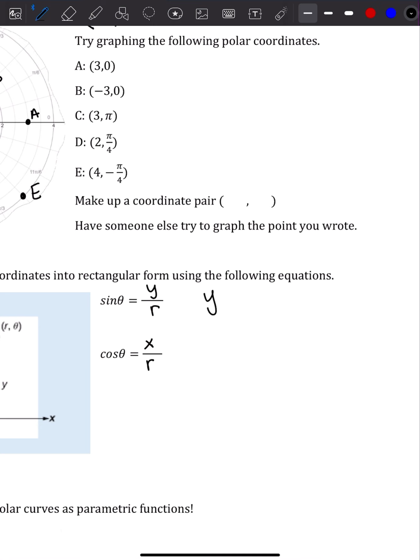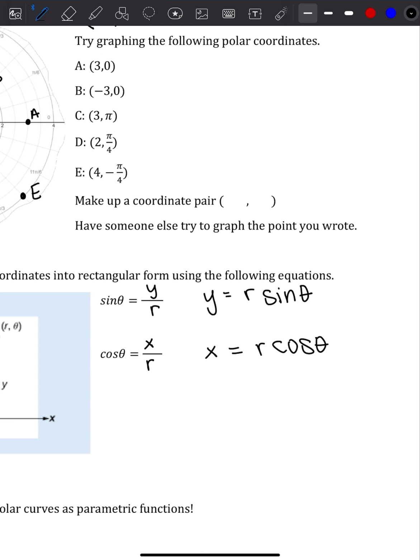If I want to get y by itself, I multiply both sides by r. We get r times sine of theta. Same thing with x, we multiply both sides by r to get r cosine theta. So x equals r cosine theta, y equals r sine theta are the Cartesian format for our polar functions.